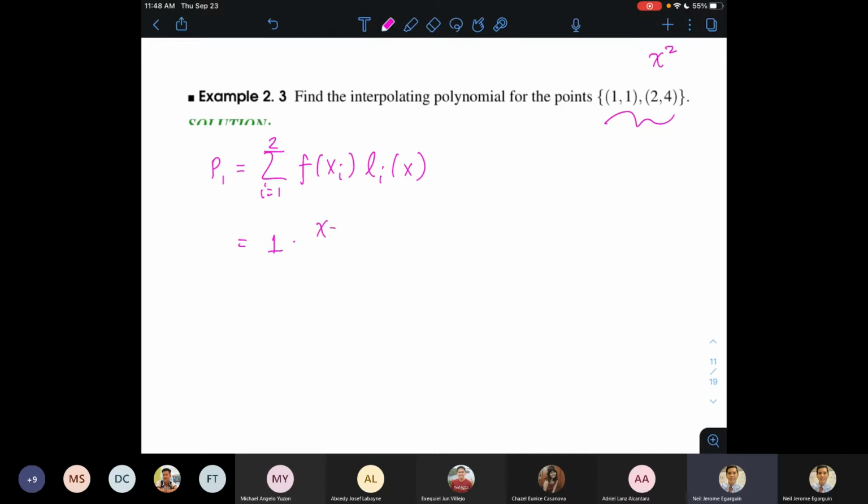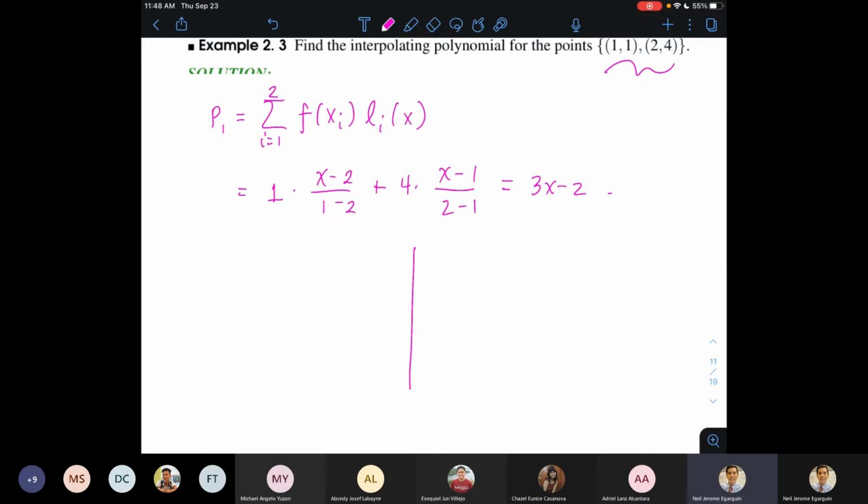So this would be x minus 2 all over 1 minus 2 plus second function value times x minus 1 over 2 minus 1. Okay? And obviously, these two terms are both linear in x. So ibig sabihin, pag sinimplify ko to, linear function lang yung makukuha ko. And I think here what we get is 3x minus 2. Tama ba? 1, 1, 2. Yes, I think that's it.